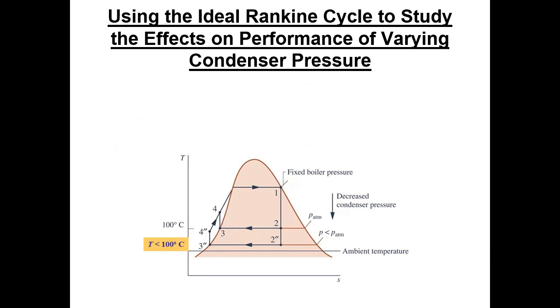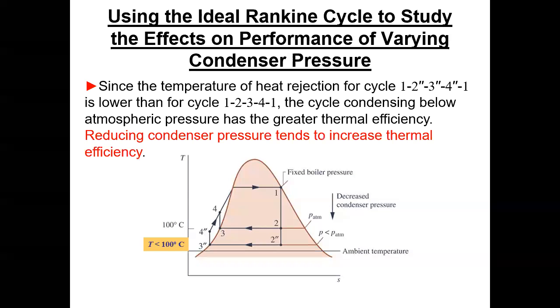Okay, and this is just showing that thermodynamically, by lowering the temperature at the heat rejection, that's the thermodynamic theory that lets us calculate the increased efficiency of the plant. At the lower pressures, we have lower temperatures, and so we get a lower temperature during the heat rejection, and there you go.